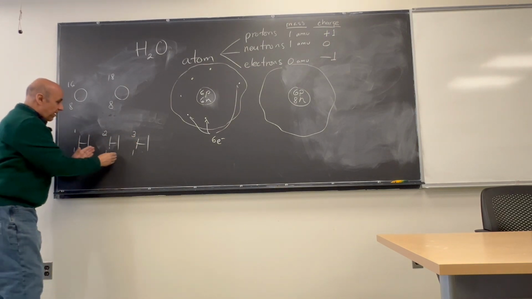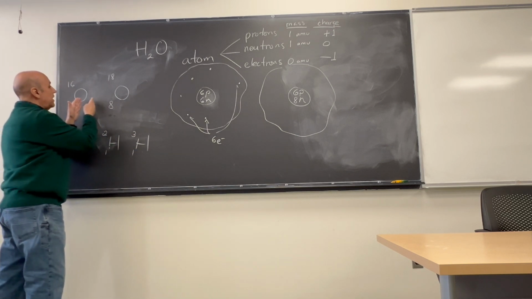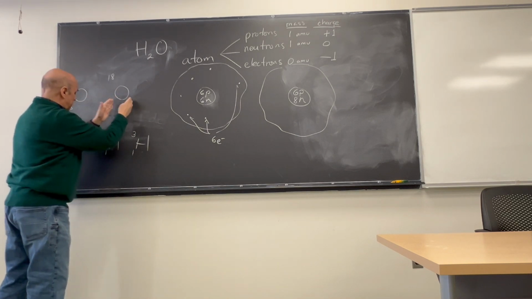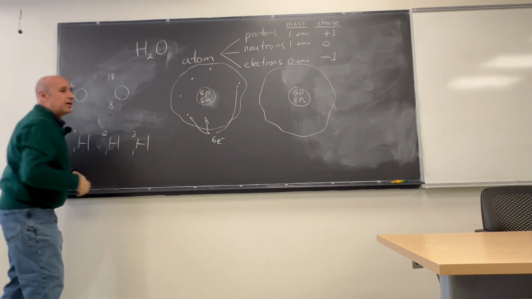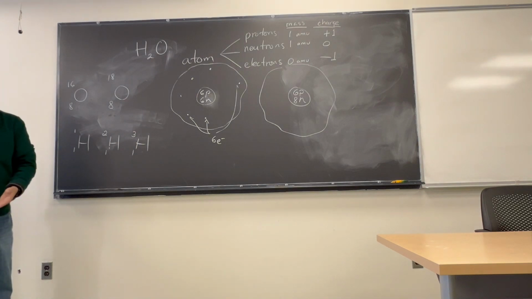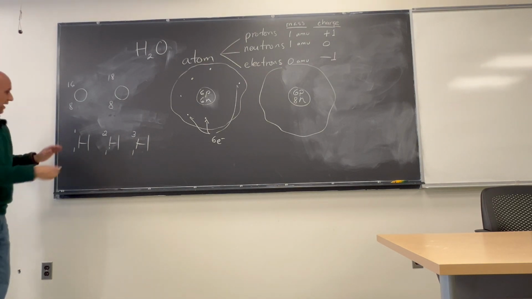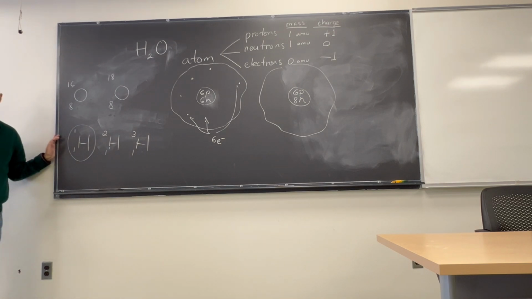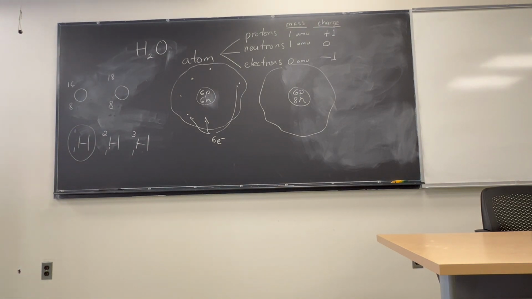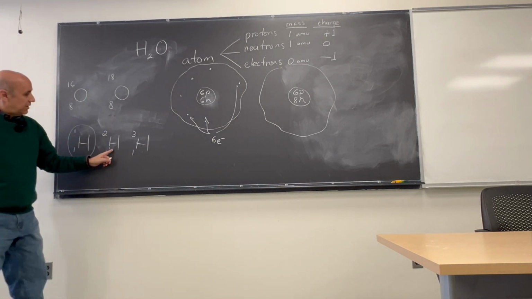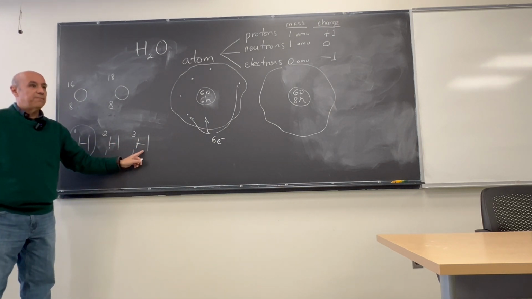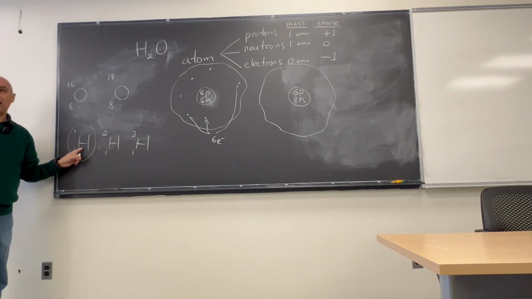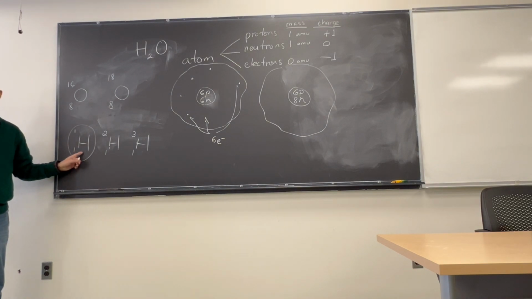Now, these are all found in nature. This is found in nature, this is found in nature. But some of these elements are found in more abundance. If you're guessing that hydrogen of this type is the most abundant of all the hydrogen in the universe, you would be right. There's very little heavy hydrogen and heaviest hydrogen. 99.9% of all hydrogen is like this.